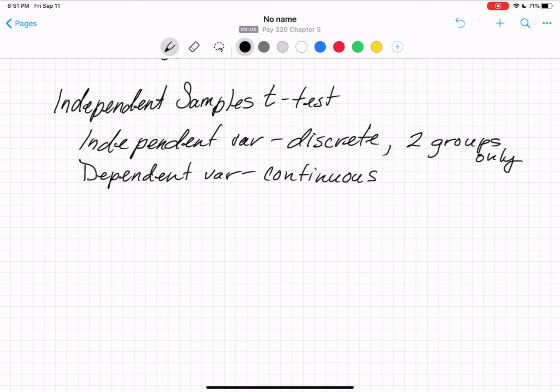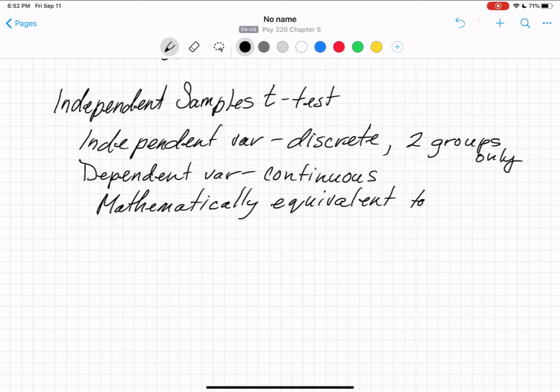Now, why would you use independent sample t-test? Well, it's a lot easier and faster to calculate than ANOVA, okay? So it's mathematically equivalent to ANOVA, okay?